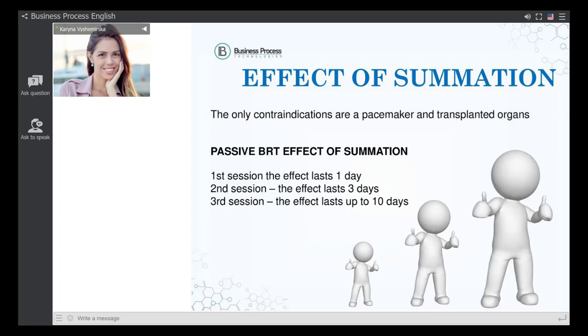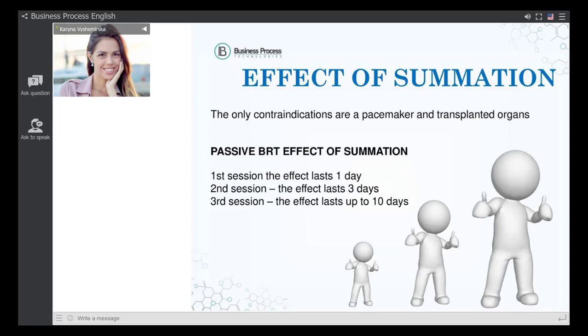So with a pacemaker, we do not suggest doing it. There are many people who still do it, but if something happens to the person with a pacemaker, even though it was not your help, he will remember you making him this test. So we do not suggest it, it's a contraindication. And the other one is transplanted organs.